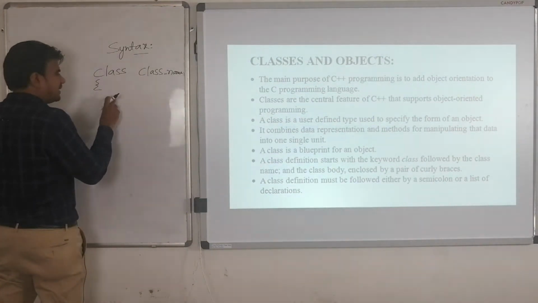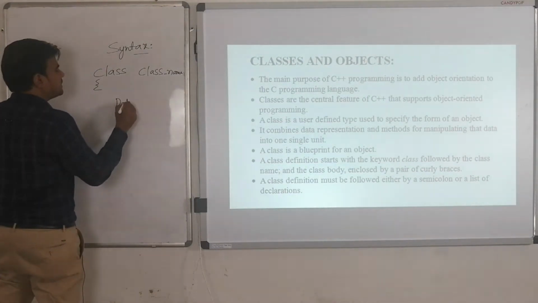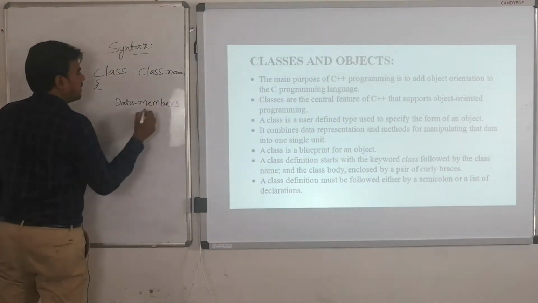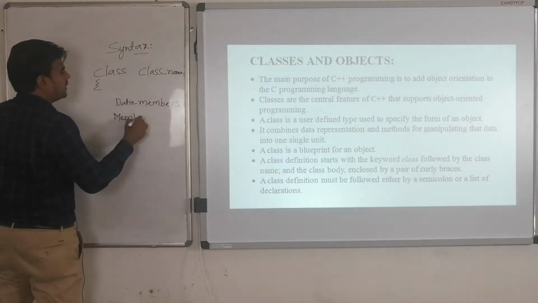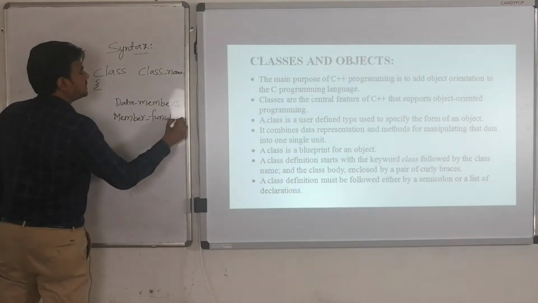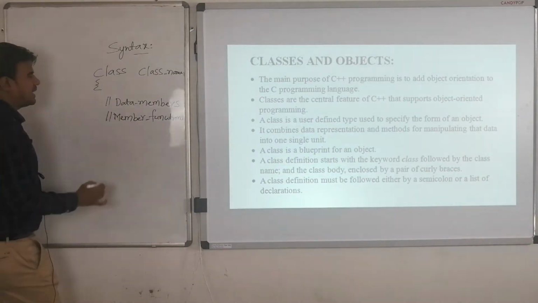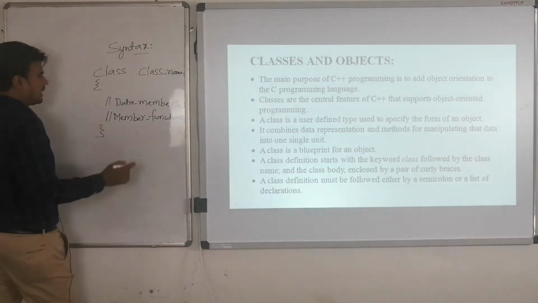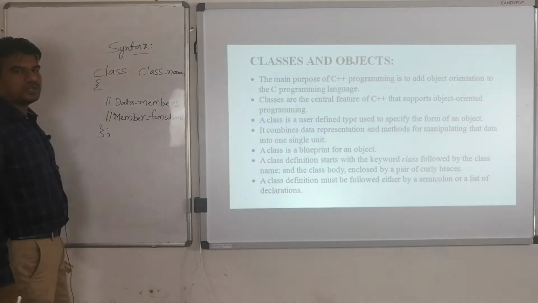Then inside it we specify the data members and member functions. After specifying these two things inside your class, we close the class definition, and at the end we put the semicolon.